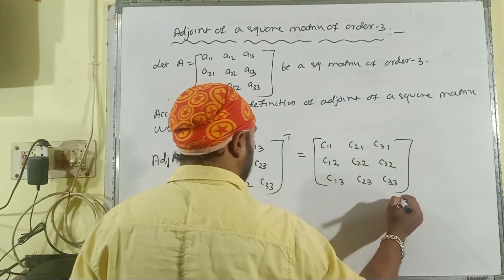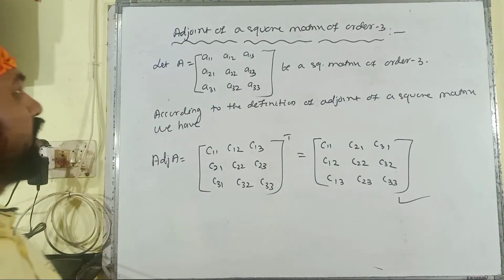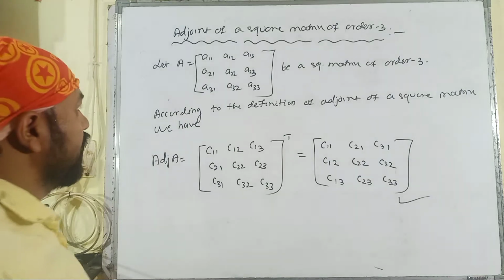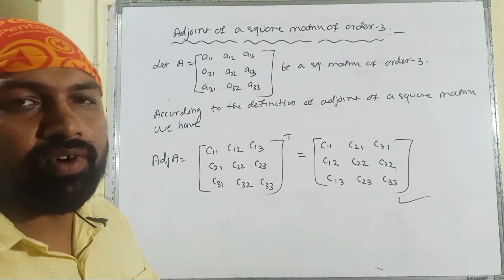And this is the solution for the determination of the adjoint of the given matrix A of order 3. Then let us go through a problem based upon the adjoint of a square matrix of order 3.